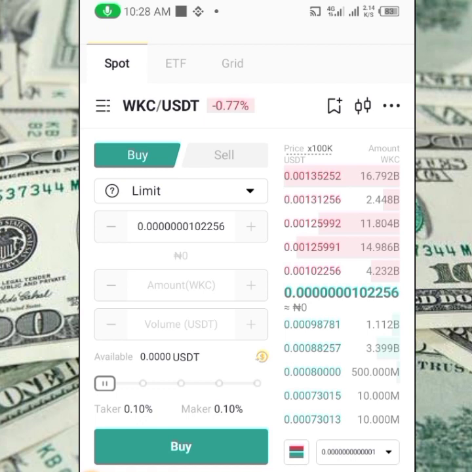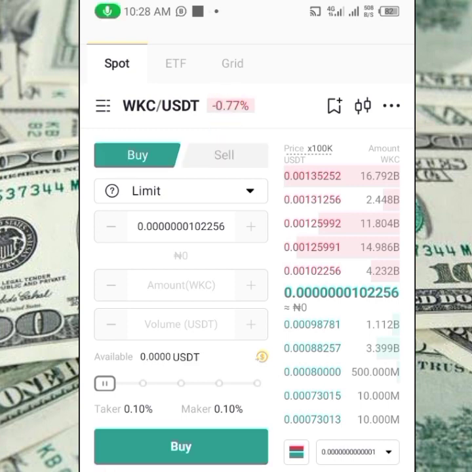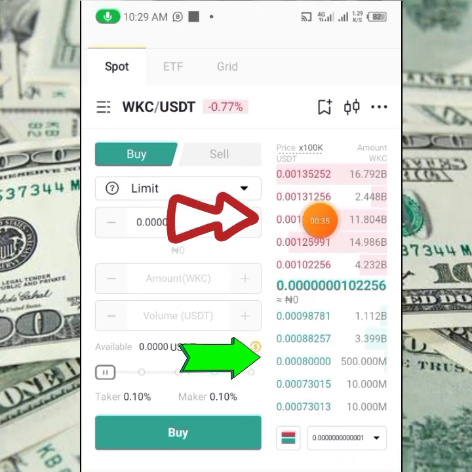Like I said, now let us study the buying chart. And like I've told you guys, the green sign here actually means buy, while the red sign here actually means sell. So whenever you want to buy and sell, you have to always consider these two markets.